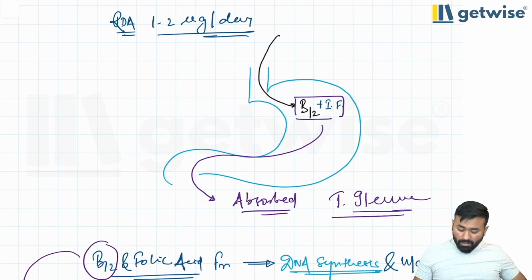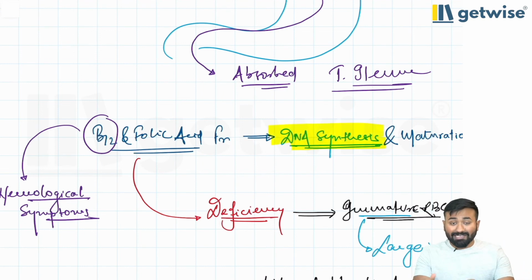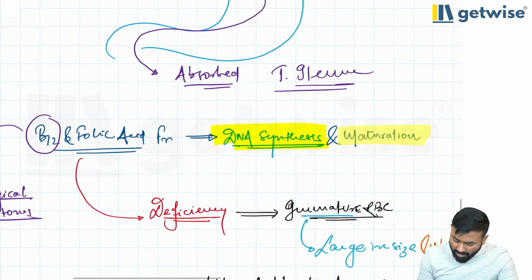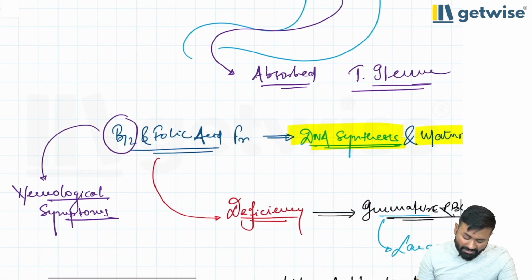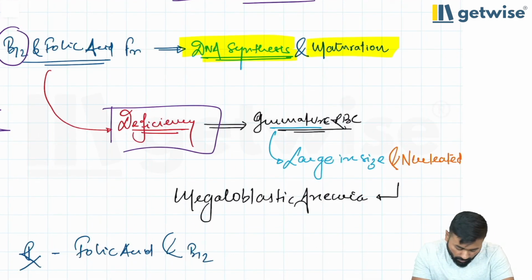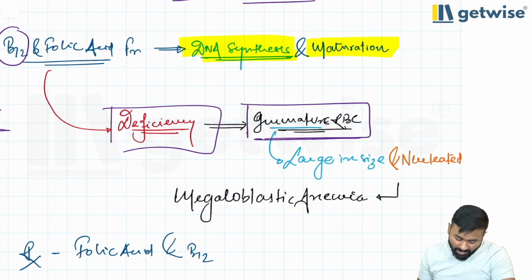Vitamin B12 is necessary for DNA synthesis, for RBC production and the maturation of the RBC. If there is deficiency of vitamin B12 and folic acid, there will be production of immature RBCs.